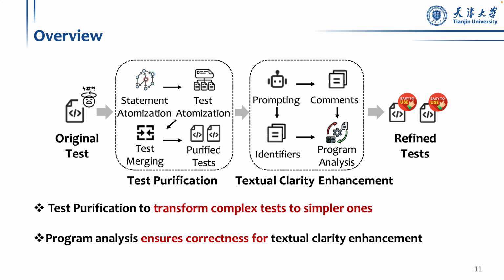The second is textual clarity refinement, which ensures correctness by incorporating program analysis while enhancing textual clarity. Given an original test as input, CLAST produces a set of refined tests with improved semantic clarity.